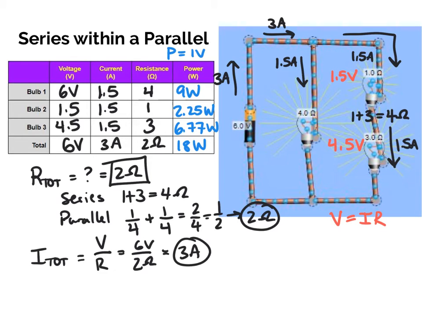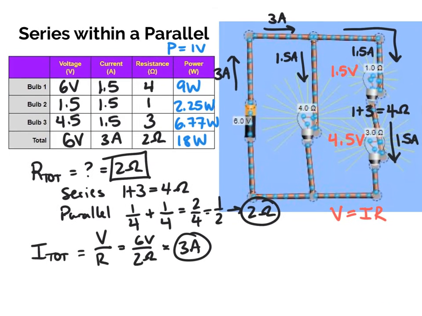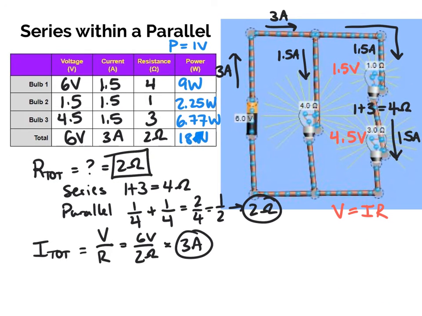Okay, now another neat little thing here, and this is how I like to make sure that I did things correctly. The power column, in my opinion, is the important one because power is how much energy is being used every second. Joules per second is the unit that we have for watts.